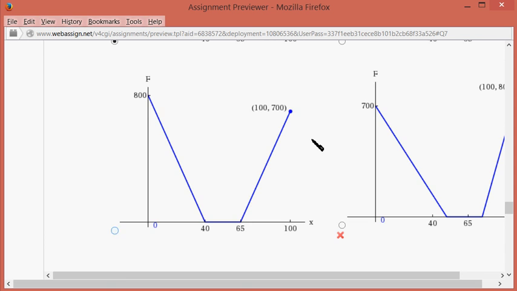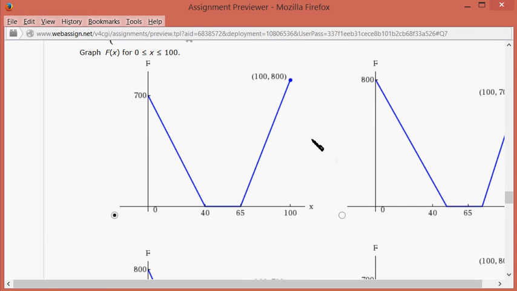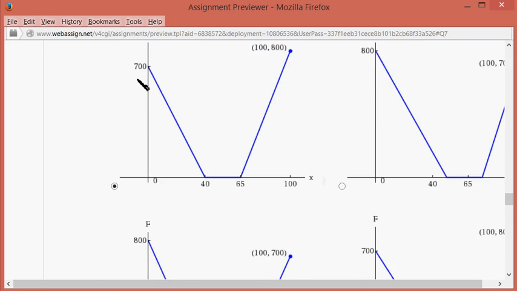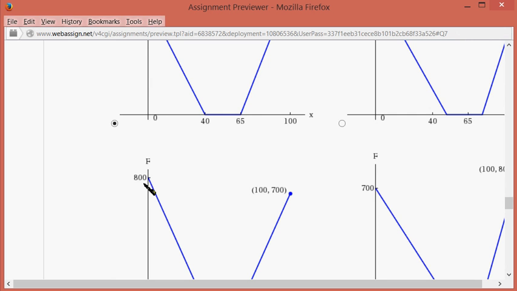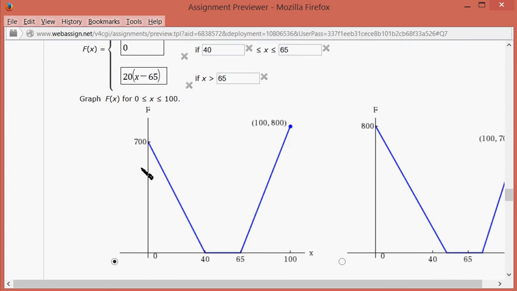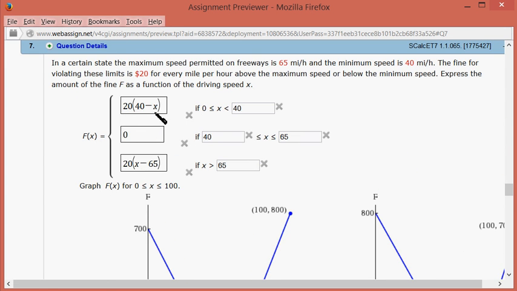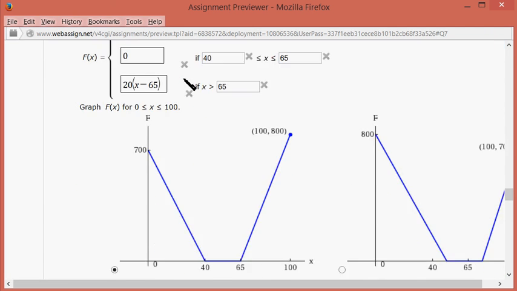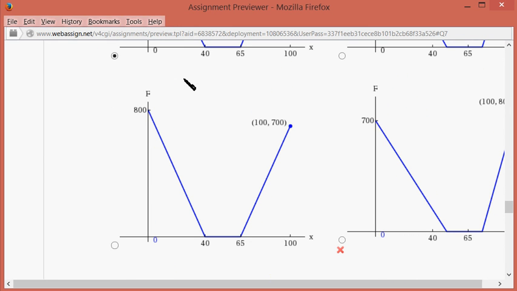The difference is whether it starts from 700 or from 800. If you plug in 0, you can see that 20 times 40 is 800, so you should start with 800. So this is the right answer right here.